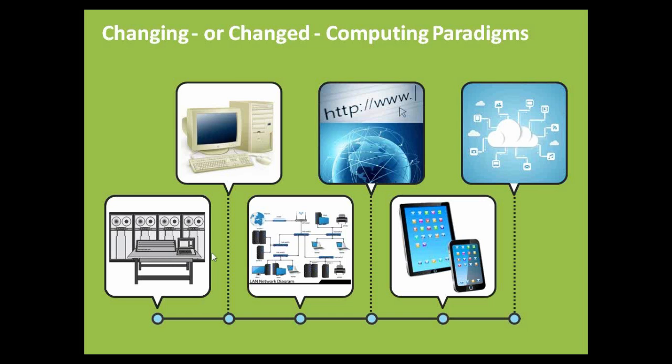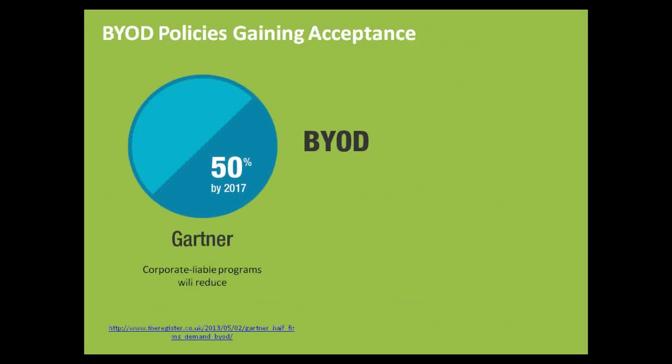So definitely then there's multi-device learning and multi-device testing that comes with it. Another contributing factor is BYOD, or bring your own device policies, that seem to be gaining acceptance. Gartner predicts that by 2017, half of employers will require their employees to supply their own device for work purposes. So interestingly, they use the word require. So maybe it's not so much optional, it's going to be an expectation perhaps.